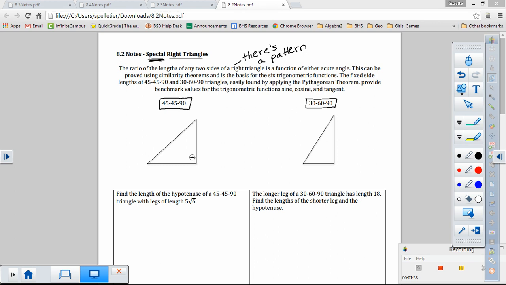So if this is a right triangle, then we have a 90-degree angle here. And since the other two are listed as 45, 45, then that's telling me that this is 45 degrees and that this one's 45 degrees. So that means that these two angles are congruent to each other and they're equal.